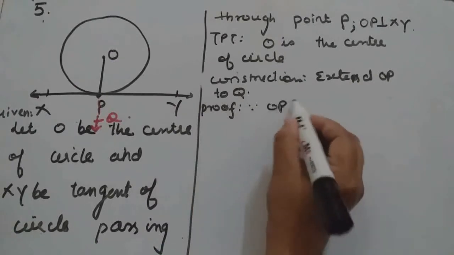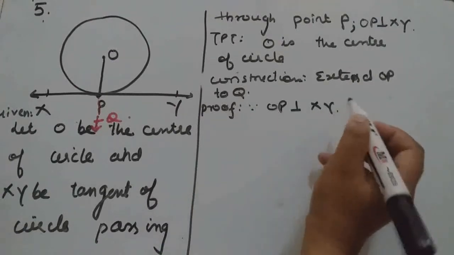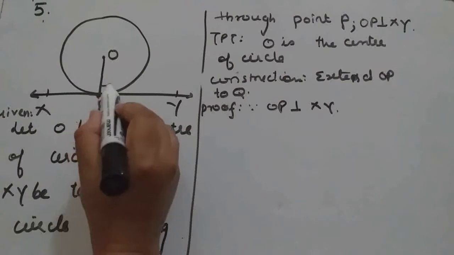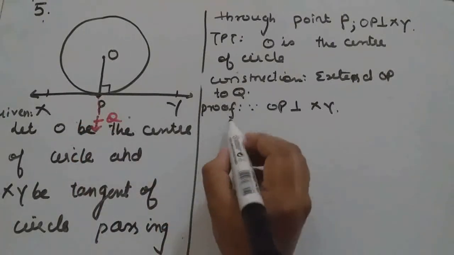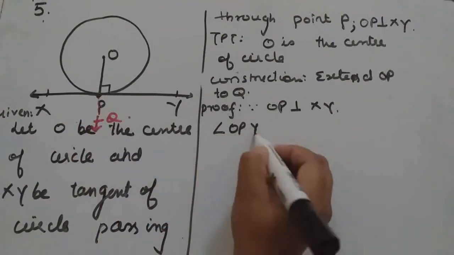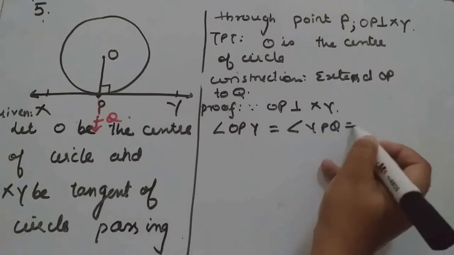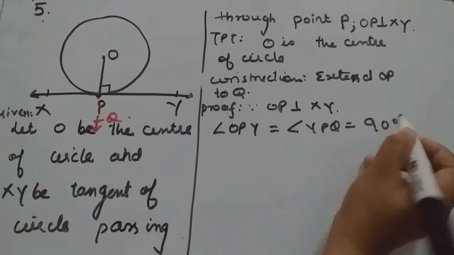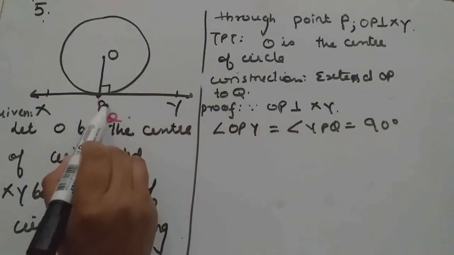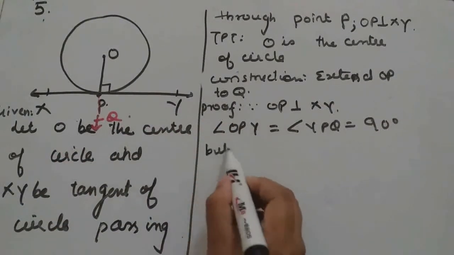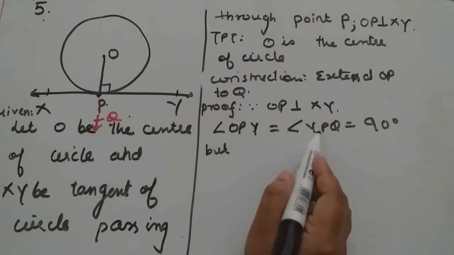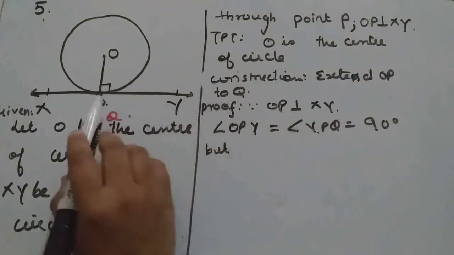Now in the proof, since OP is perpendicular to XY, what can you write? Angle OPY and angle YPQ, both are 90, isn't it? Both are 90 and they are adjacent angles.